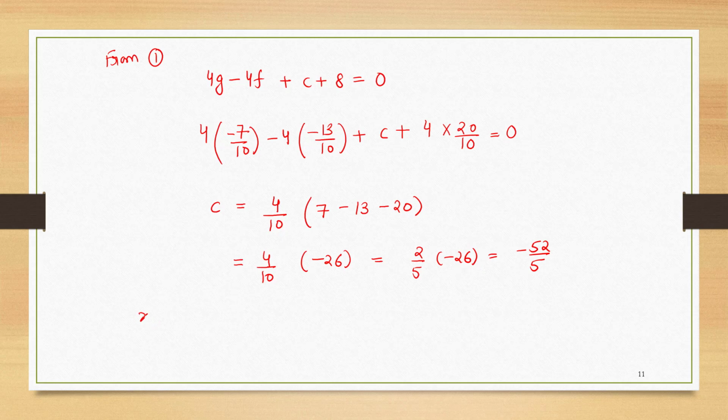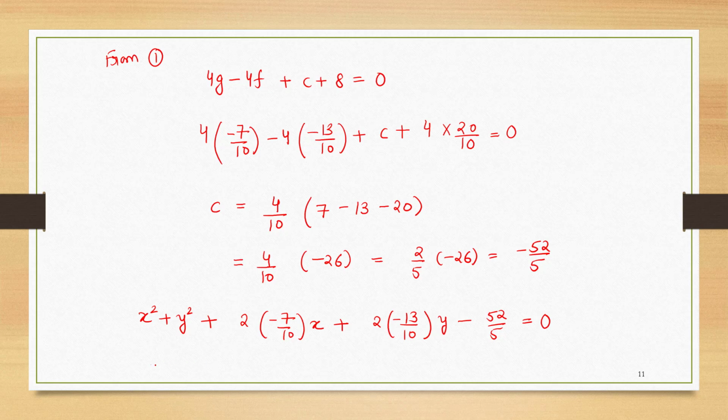Therefore, the equation of the circle is x squared plus y squared plus 2gx, 2 times g, that is minus 7 by 10 x, plus 2fy, 2 times minus 13 by 10 into y, plus c, that is minus 52 by 5, equal to 0.